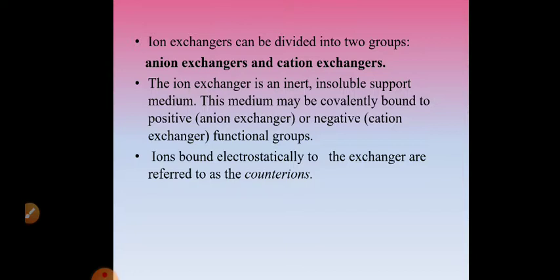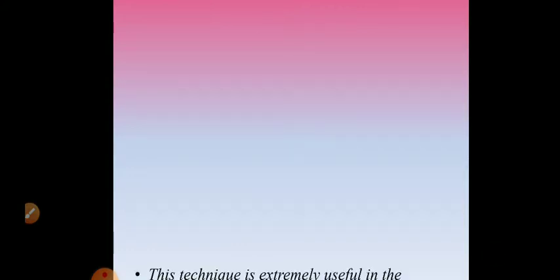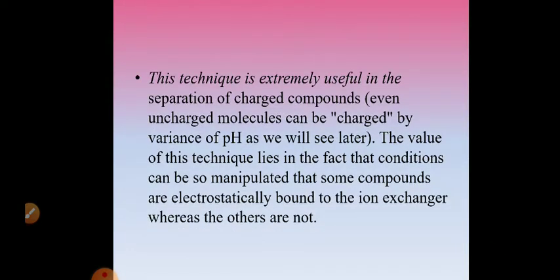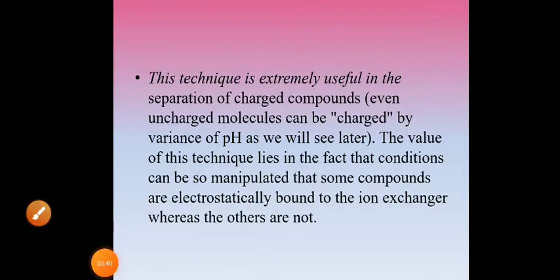Ions bound electrostatically to the ion exchanger are called counter ions. In an anion exchanger, the counter ions are negatively charged. In a cation exchanger, the counter ions are positively charged. So, insoluble support medium attached with functional group, attached with counter ions. Counter ions are electrostatically bound and counter ions are exchanged.